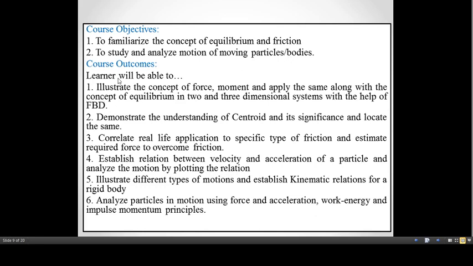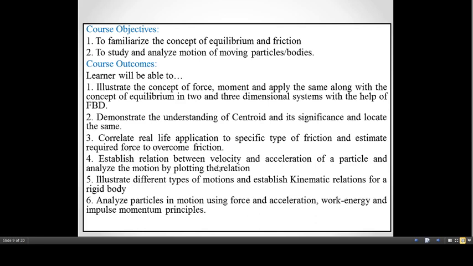Now at the end of this course, the learner will be able to illustrate the basic concepts of force, moment, and apply the same along with the concept of equilibrium in 2 and 3 dimensional systems with the help of free body diagram. Demonstrate the understanding of centroid and its significance and locate the same. Then correlate a real life application to specific type of friction and estimate a required force to overcome friction.